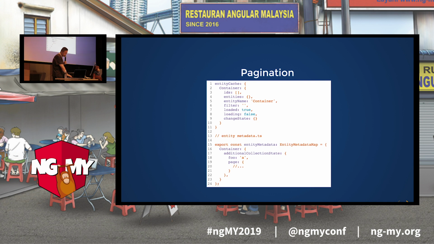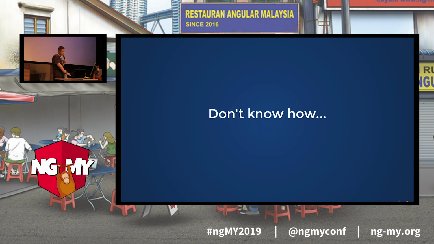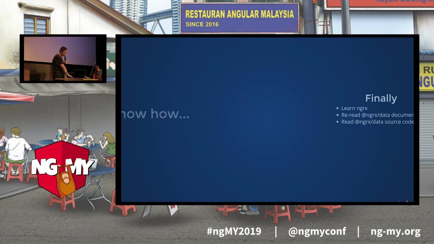At that time, there was no such documentation, and we didn't have enough knowledge about the NgRx flow. So that was really hard for us, and we really didn't know how to do that. But we had already begun our migration, so we had to stick to NgRx-data.